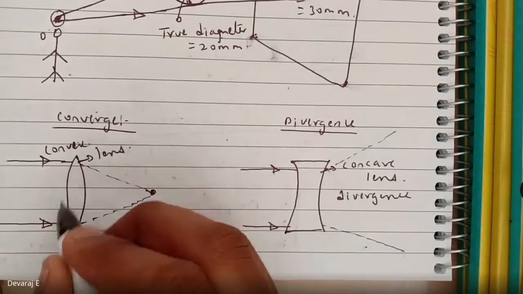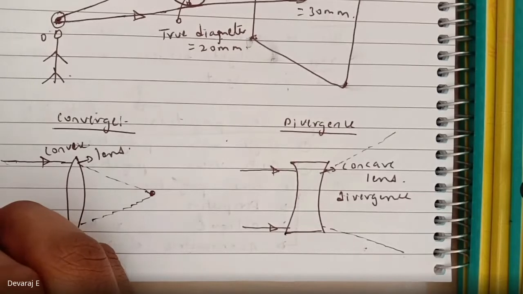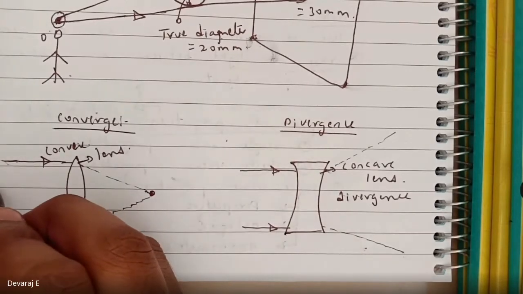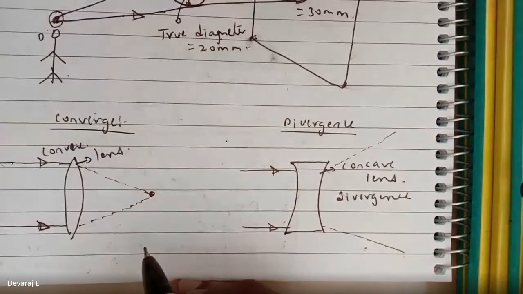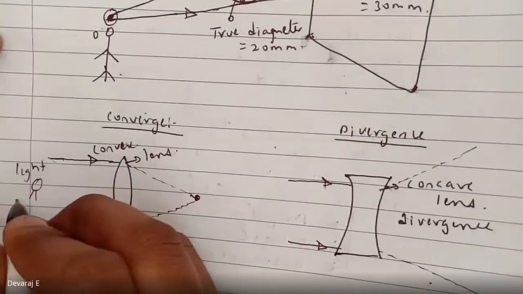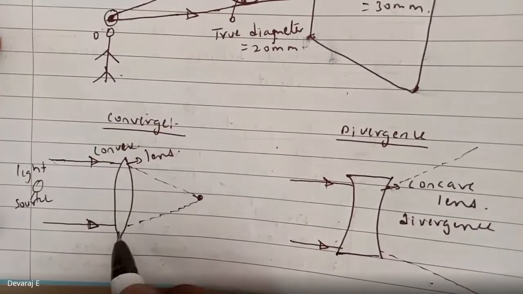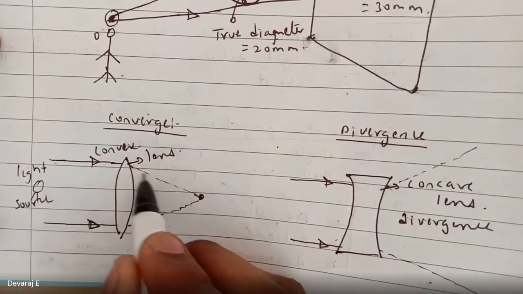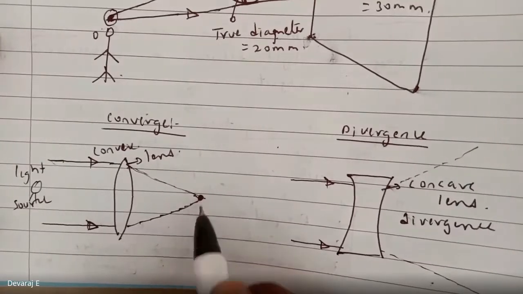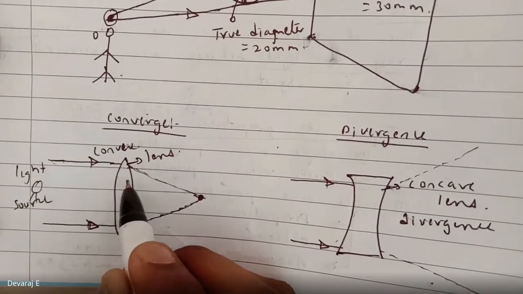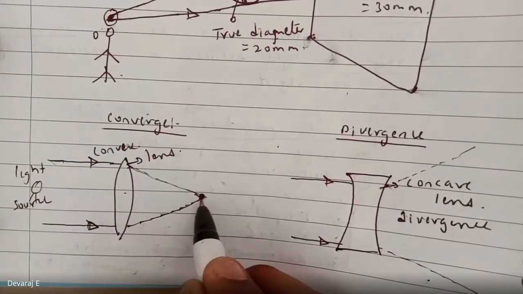If you keep the convex lens and take a light source here, the line of sight, once it falls on the convex lens, the light coming out from the convex lens will try to converge. Always the convex lens aim is to converge the light at a point.